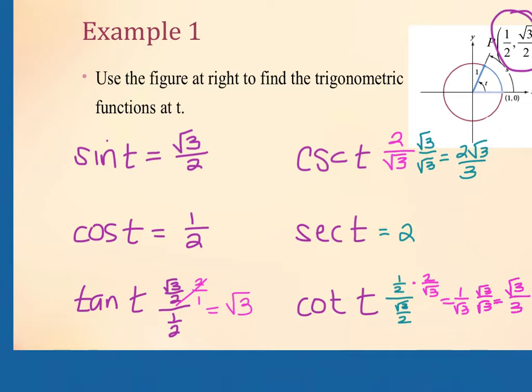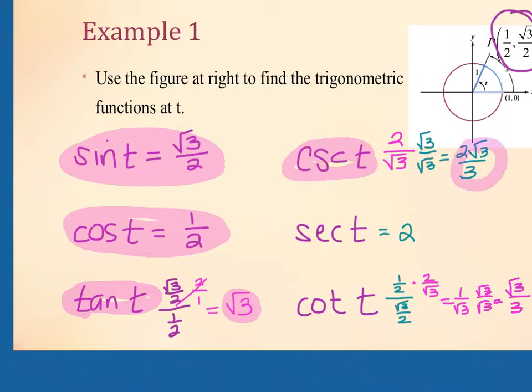Either way, you have to do it. So sine, root 3 over 2, cosine, 1/2, tangent, root 3, cosecant, 2 root 3 over 3, secant, 2, and cotangent, root 3 over 3. Questions so far?